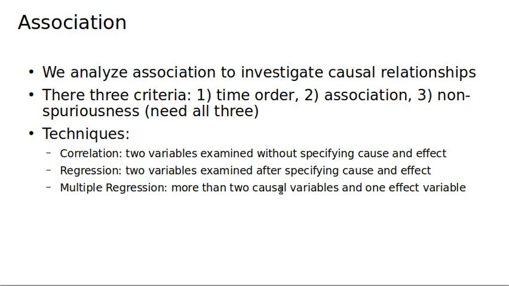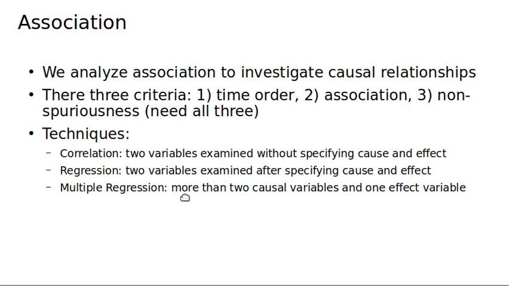Multiple regression helps us deal with non-spuriousness, so we can add more variables into the equation. If we're predicting fertility, and we think from our regression analysis that the level of education for women is a good predictor, we can also take into account some other possible predictors of the fertility rate, such as the level of income in the country or other factors.